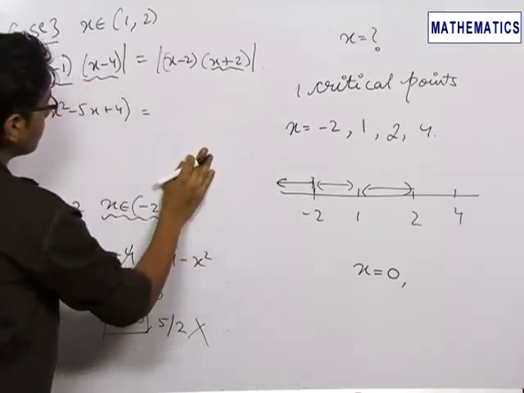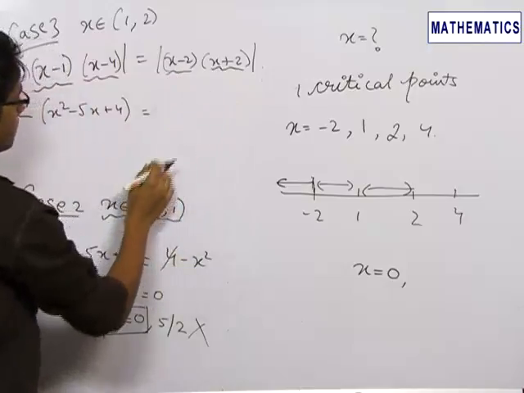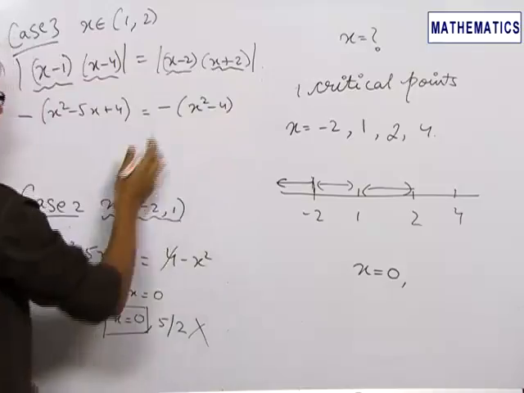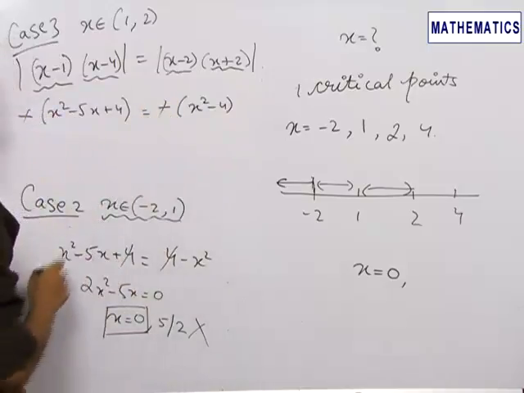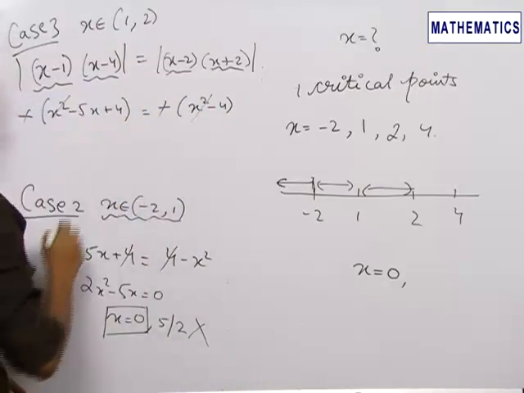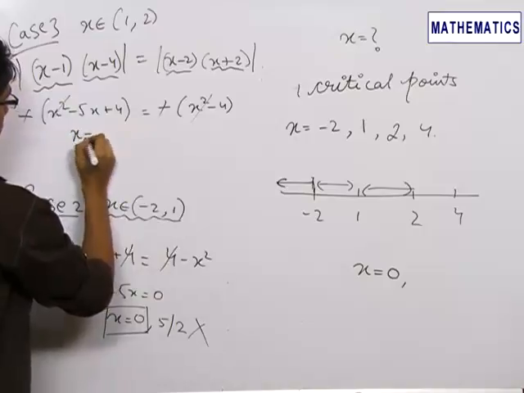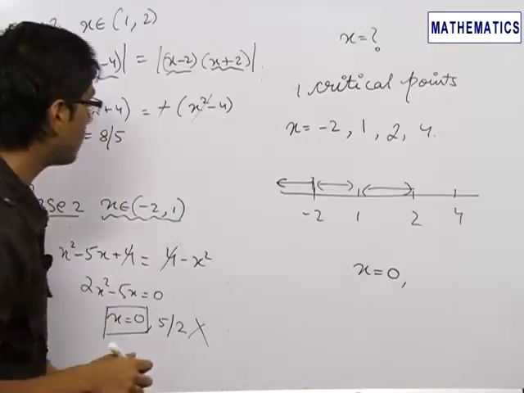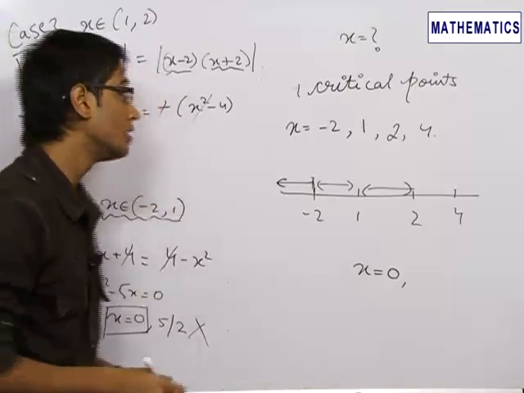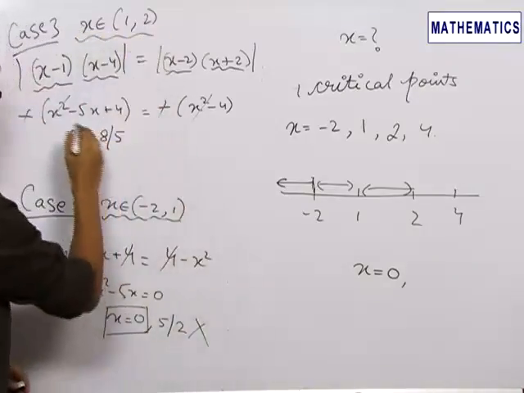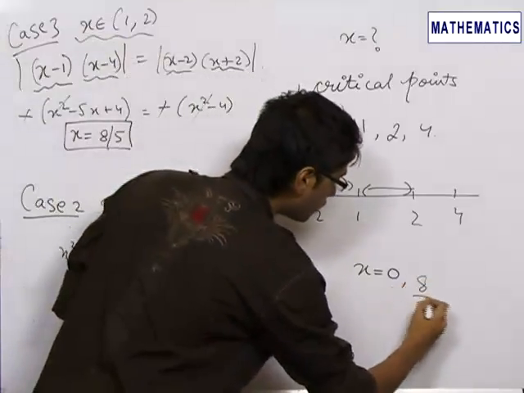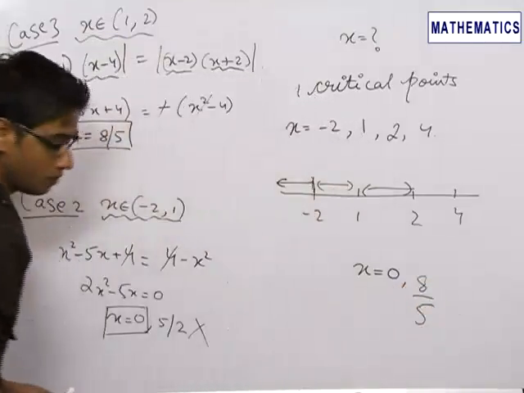This is positive, this is negative, so this will open as minus times (x square minus 4). This cancels out, these cancel out, so we get x equals 8 by 5, and we can clearly see x equals 8 by 5, which is equal to 1.6, lies in the given interval 1 to 2, so we accept this solution. So we have got our second solution to be equal to 8 by 5.